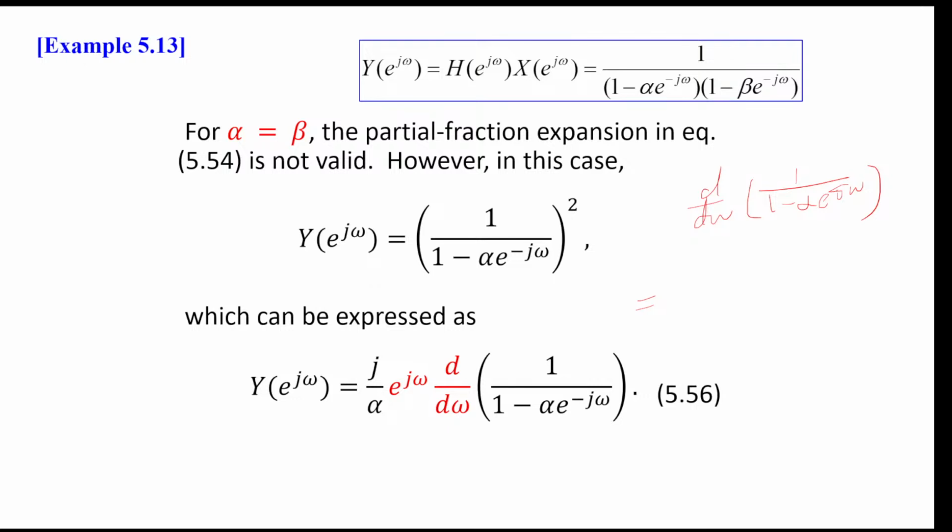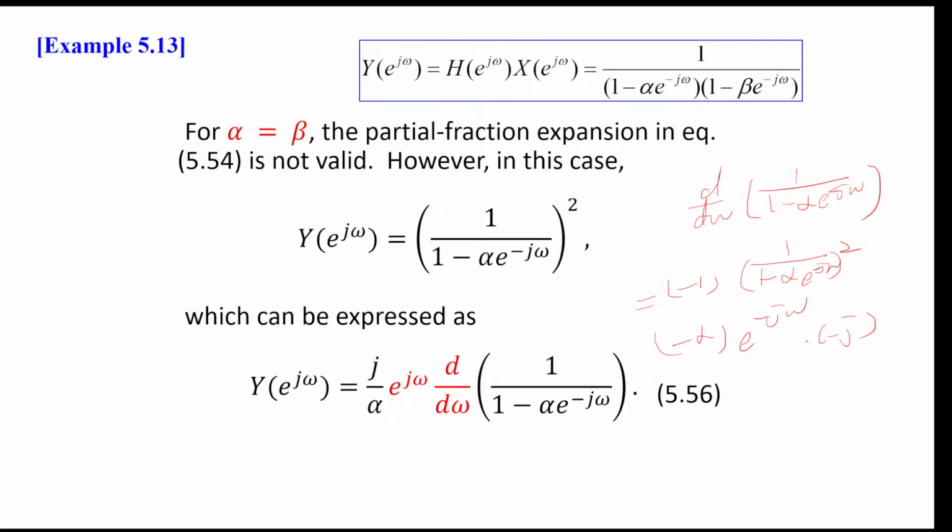First we have a minus 1 from the minus 1 power, and this thing to the minus 2 power, so 1 over (1 minus alpha e to the minus j omega) second power, and then this thing d d omega, and that's minus alpha e to the minus j omega, and then times minus j.